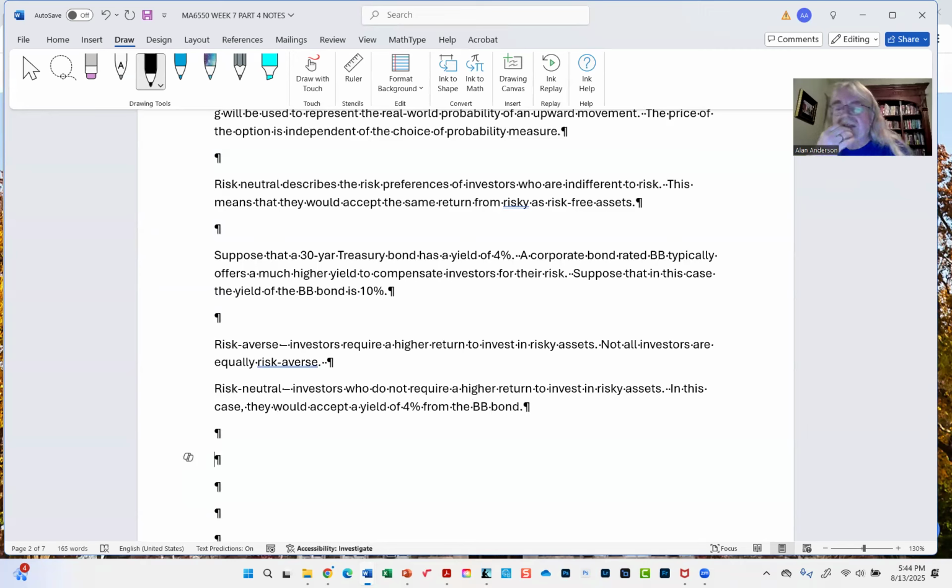And then we even have a third possible category called risk-seeking investors, who enjoy gambling so much that they would actually accept a lower return on risky assets.